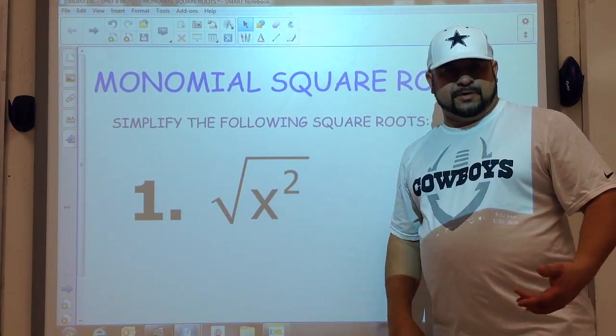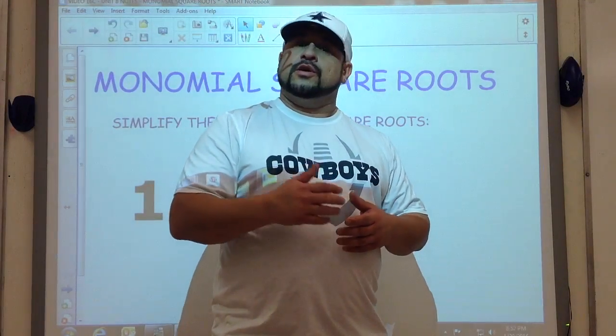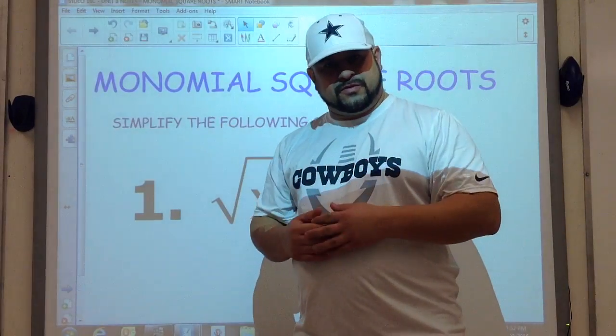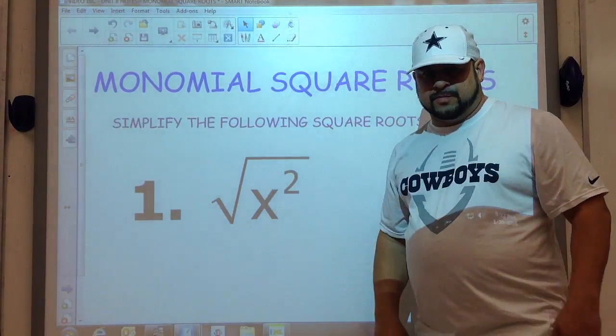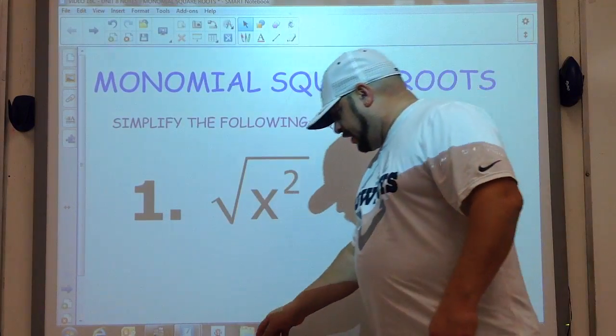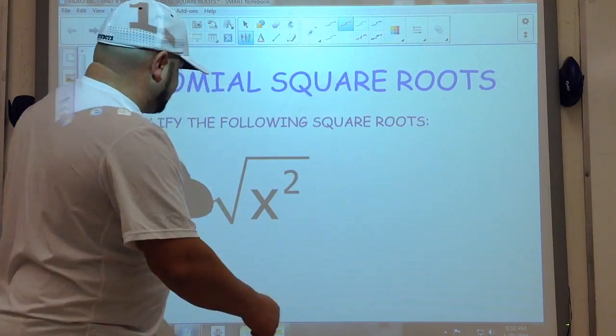Before, we dealt with numbers, like 4, and we found the square root of 4 was 2, because 2 times 2 is 4. Here we're dealing with variables, and with variables we're dealing with their exponents. One way you can look at it is you can separate these variables.